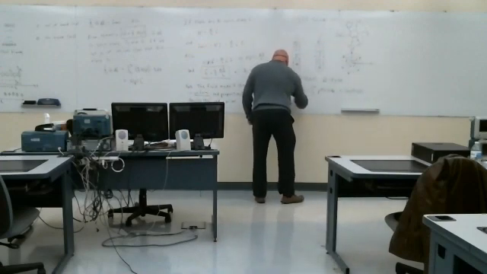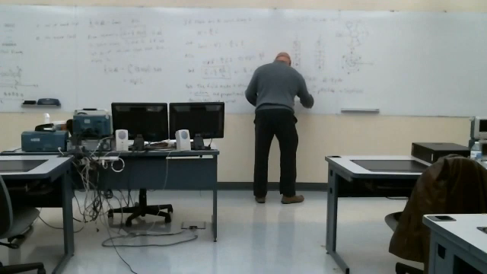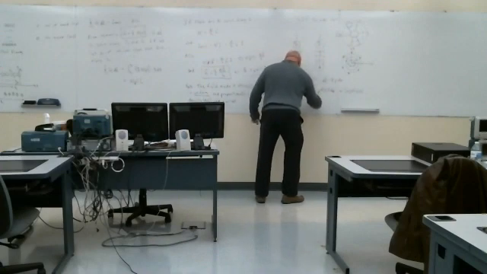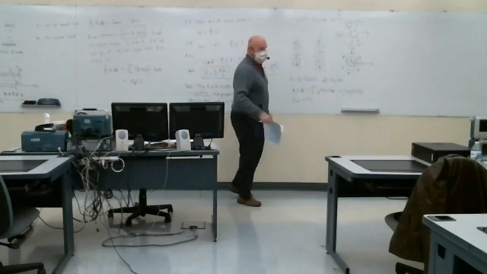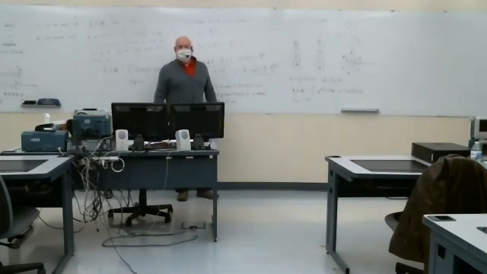The current enclosed is, now I don't have to worry about the current density because my contour includes all the loops in the coil. I've got N loops inside, N loops outside.